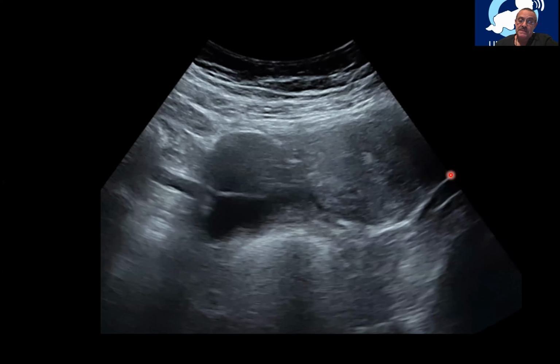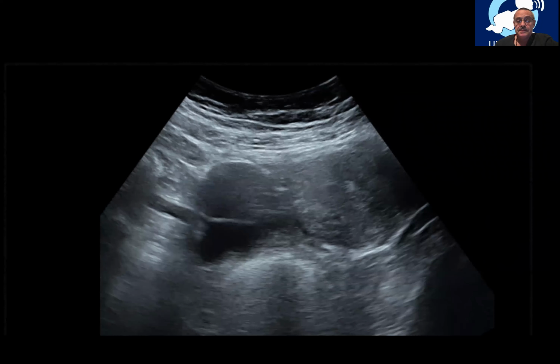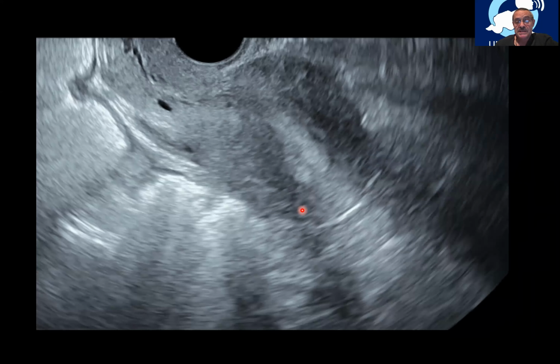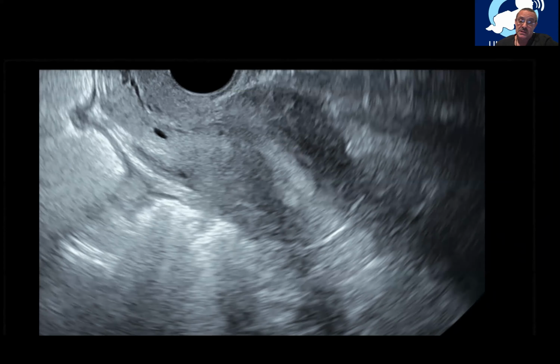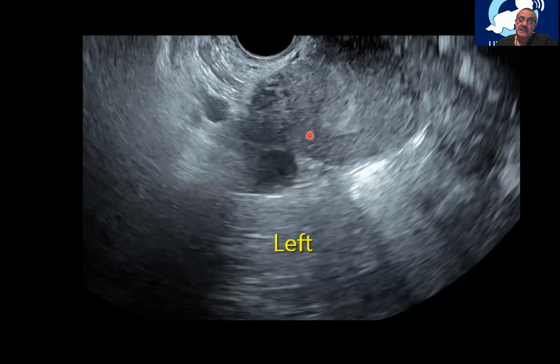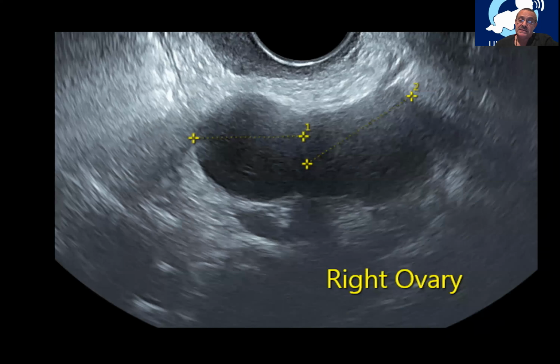Those are usually pelvis that we cannot easily move. If we push with the transducer, we cannot separate adnexa from uterus. Sometimes that's what we call a frozen pelvis, which you cannot really displace or move, especially without causing pain. That's the left adnexa, and the right ovary or the right adnexa with complex mass.